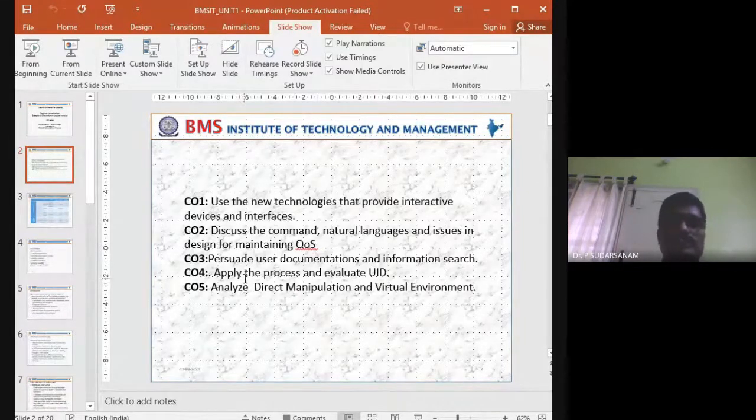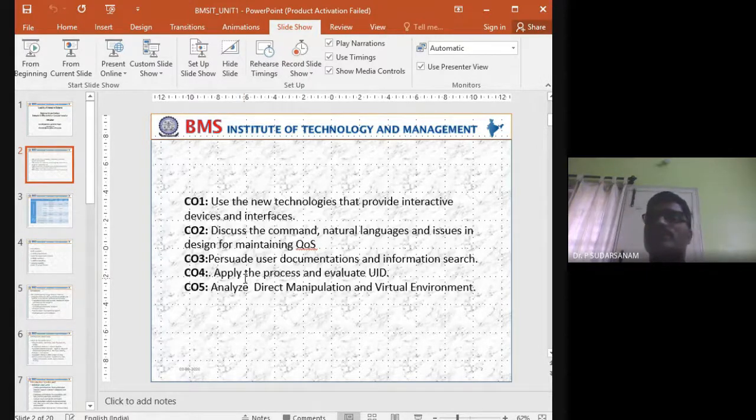So the fourth one is nothing but apply the process and evaluate user interface design. So we need to apply the process and you can evaluate user interface design. How will you be evaluating all these things? Not only by learning this, even you should be able to do it. That is what apply means in any subject. For example, if you take analysis and design of algorithms, we have learned so many algorithms.